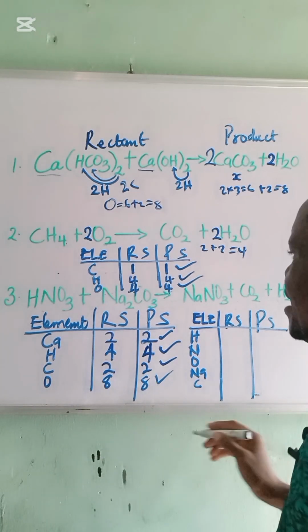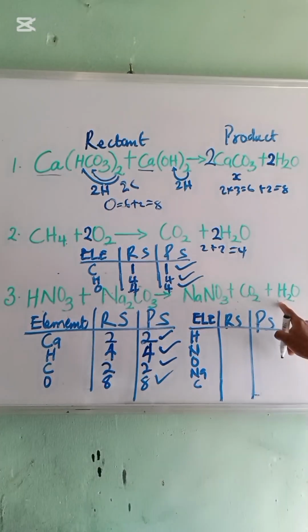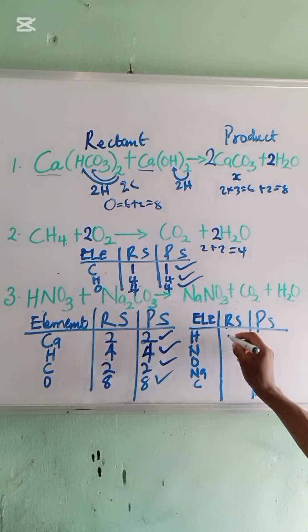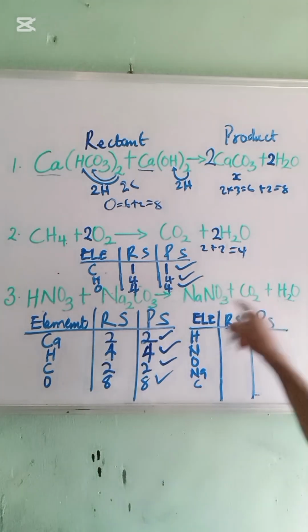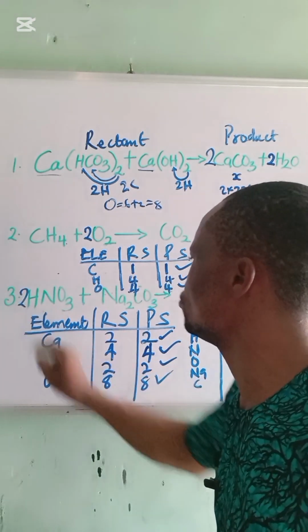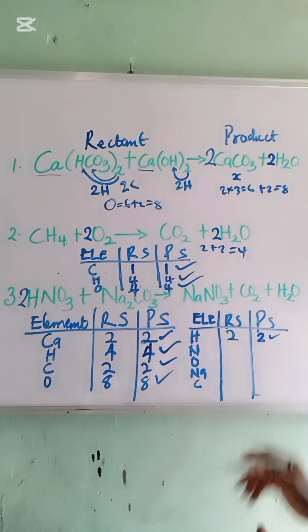That's all. So how many hydrogen here? 1. But here we have 2 hydrogens. So in order for us to balance the hydrogen at this point, let's add 2 here. So here is also 2. So it's balanced.